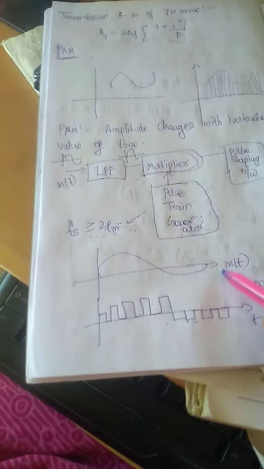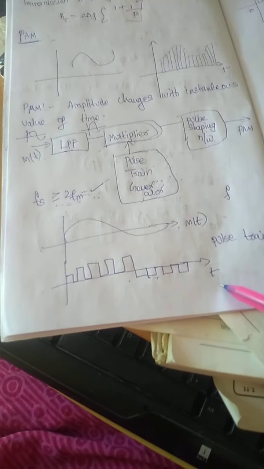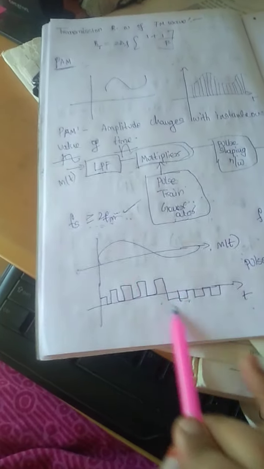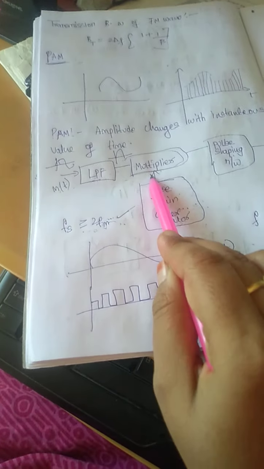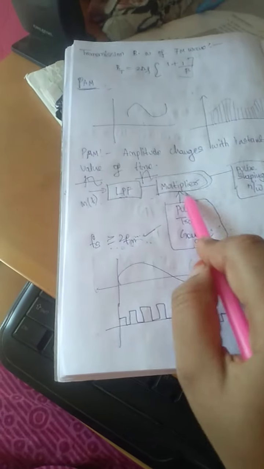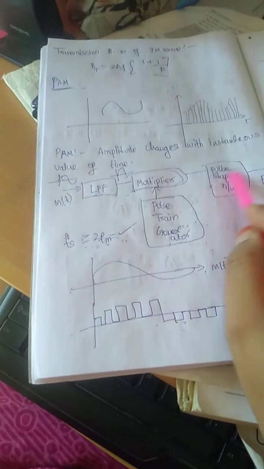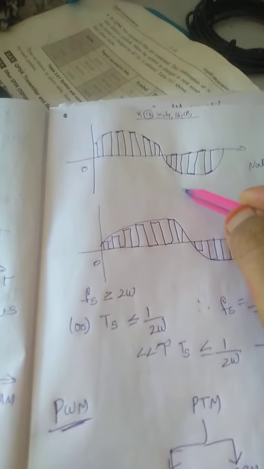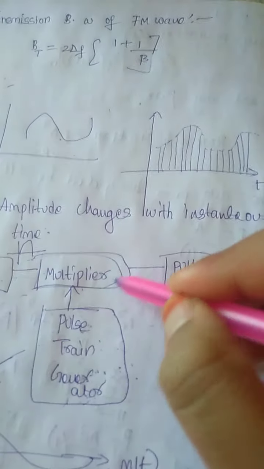So this is the input signal M of t, and this is the pulse generator. The M of t signal is given from here, and the pulse generator signal is given from here. When both are multiplied and given to the pulse shaping network, what wave do we get? This is a natural PAM, which we get after the multiplier.